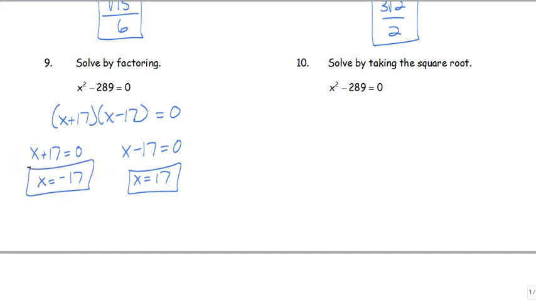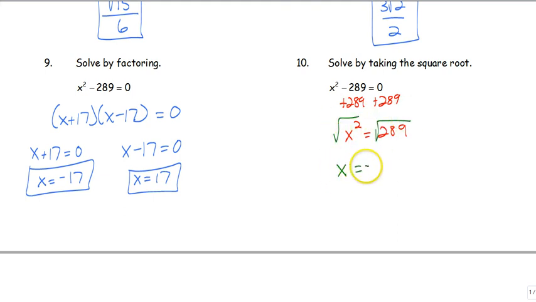However, you can do the same thing without factoring in these cases. If you solve by taking the square root, that means you want to just take the square root of x squared. But in order to do that, you have to move over the 289 first. So you get x squared is equal to 289. Well, take the square root. This is called solving by taking the square root.